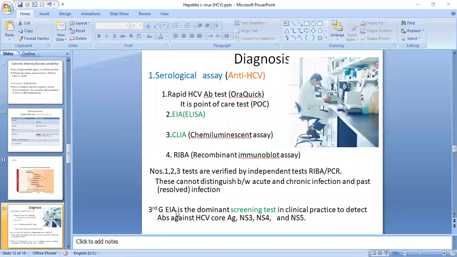Nowadays, the third generation enzyme immunoassay screening is performed, and this detects the antibodies against the HCV core antigen and also these antigens NS3, NS4.